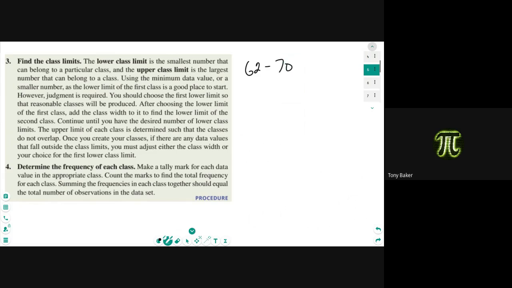Everybody agree with 70? Okay. I want you to count from 62 to 70 and tell me how many you counted.